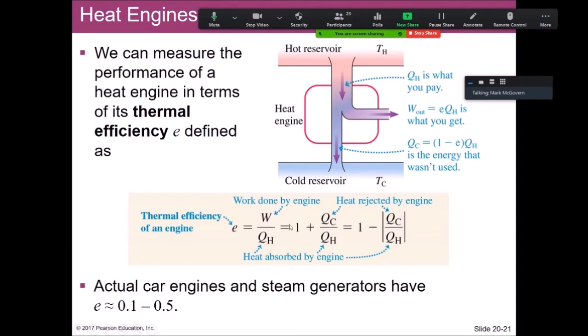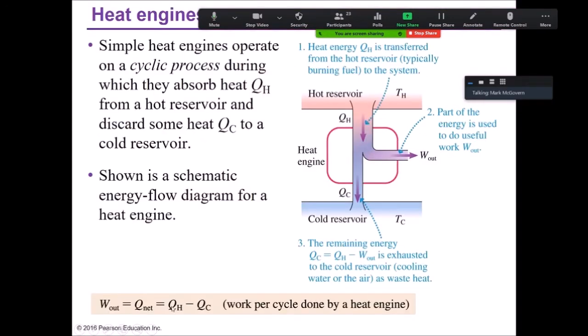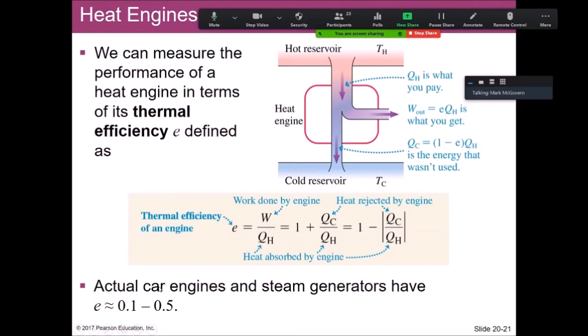It's the work done by the engine compared to how much energy was available in that particular cycle. So this is like a percentage in a way. Based on our definition for work, we can rearrange things, and we can turn this into 1 plus QC over QH.